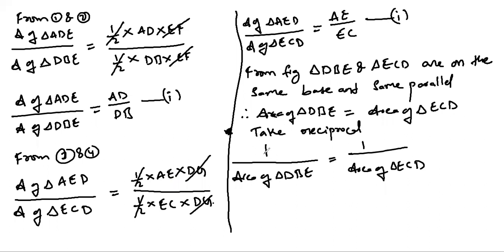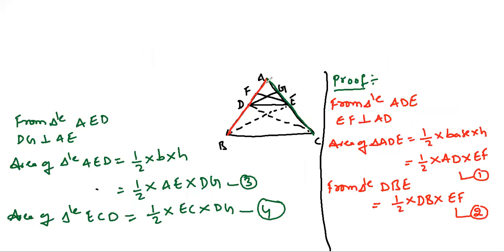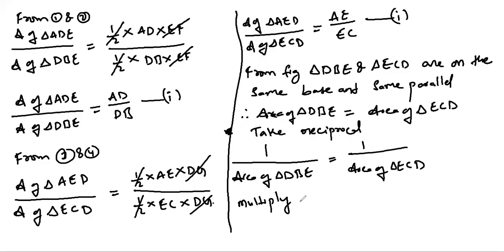Multiply. In this figure, what is the top one? ADE or AED, both are the same. So we'll take ADE and multiply the area of triangle ADE on both sides. So what will we get now?